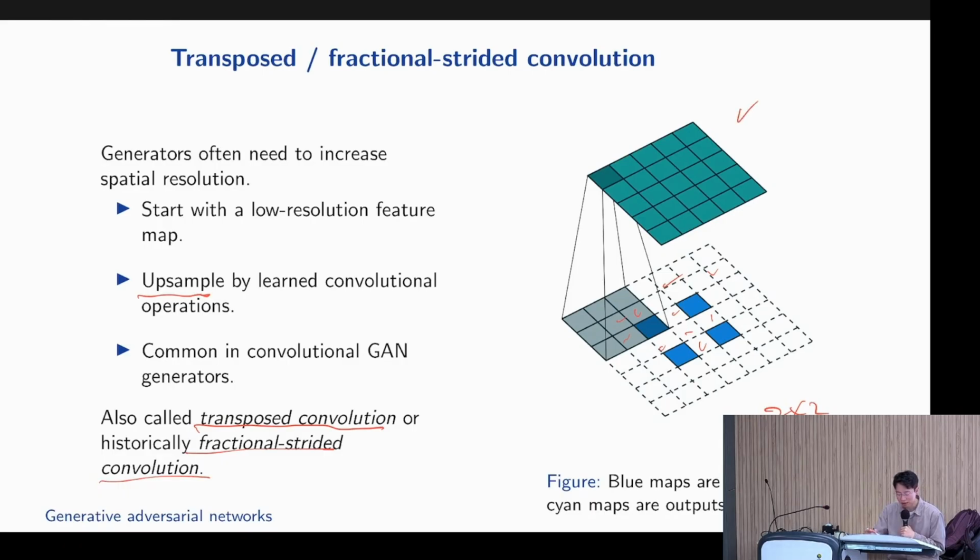Then you apply convolution on the upsampled input. That's your transposed convolution. This is how you increase the resolution from low to high.